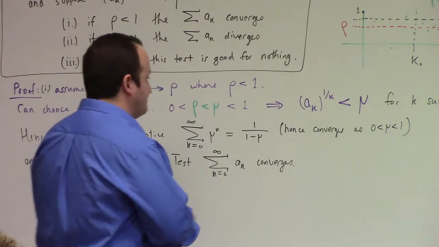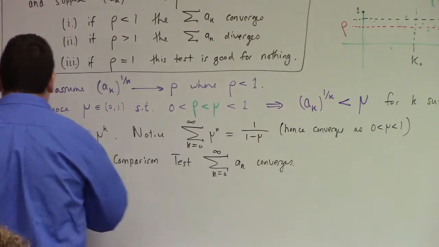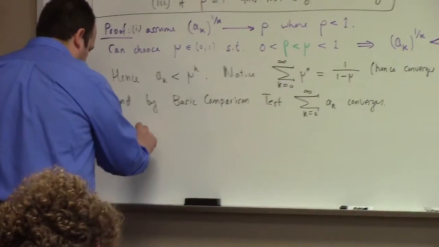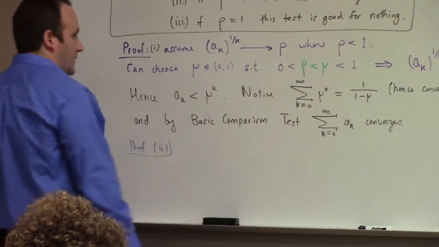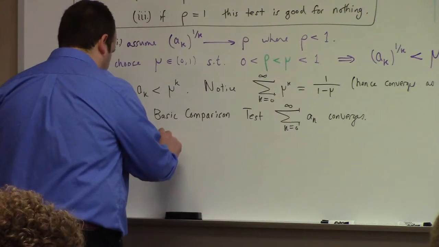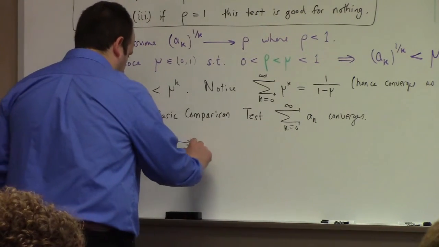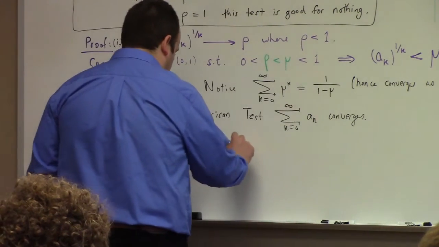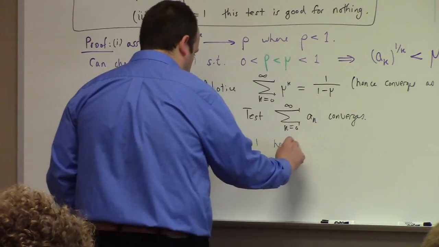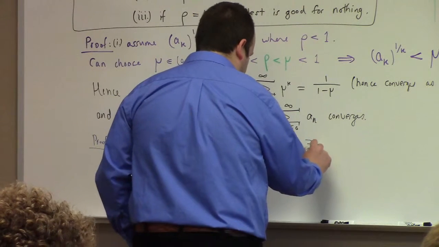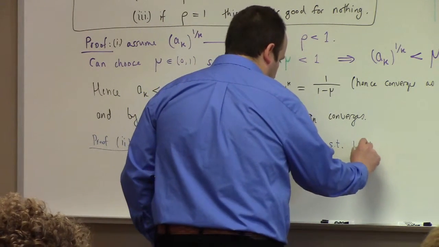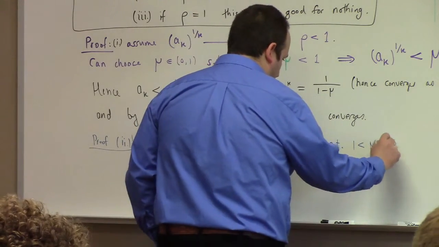Now case 2. So the proof of 2: you suppose that you've got a sub k to the 1 over k goes to rho for rho greater than 1. Hence, there exists a mu such that 1 is less than mu is less than rho.